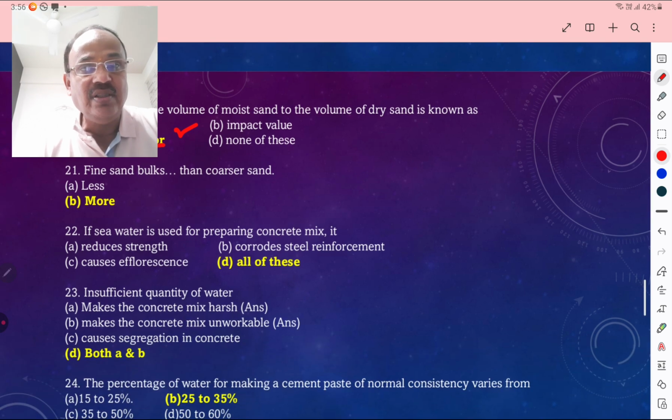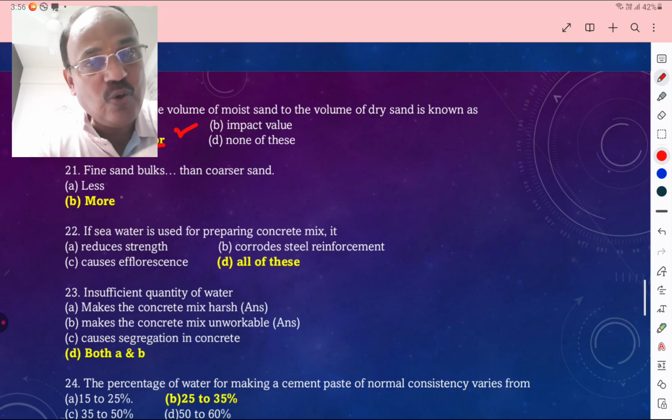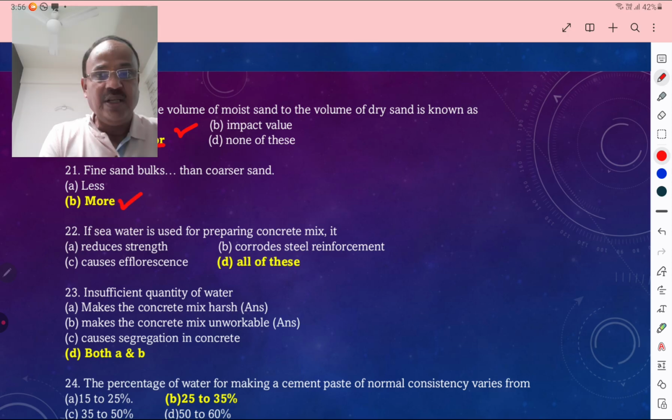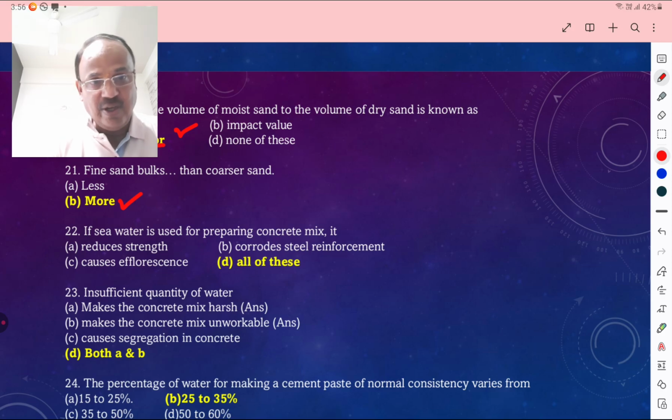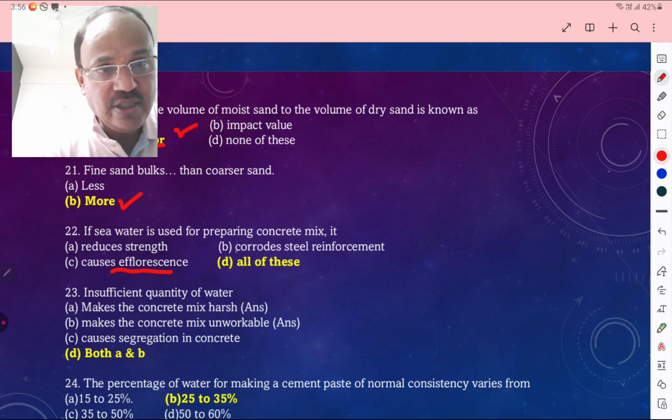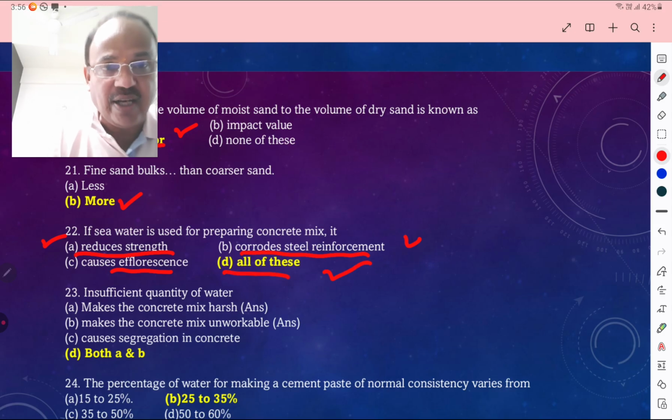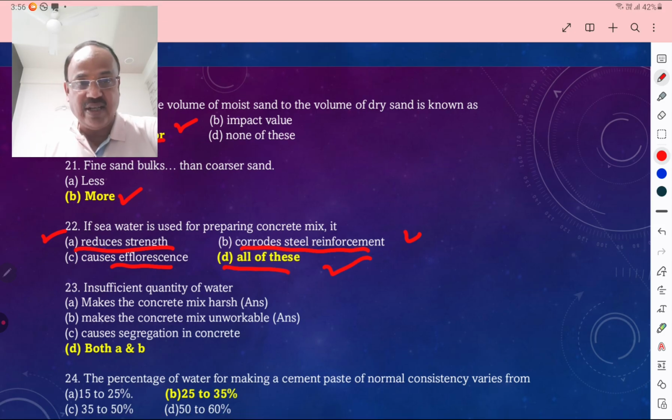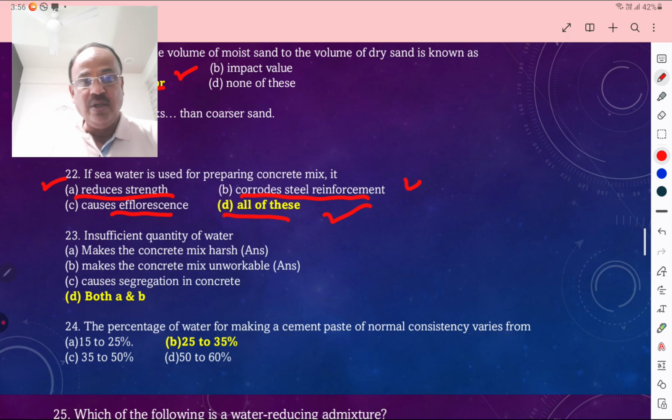Then fine sand bulks more than coarse sand. That is true. If seawater is used for preparing concrete mix, it reduces the strength, it corrodes the steel reinforcement, or causes efflorescence. Efflorescence is due to salt only. It corrodes the reinforcement and reduces the strength. So all of the above A, B, C are correct. Option D is the correct option.